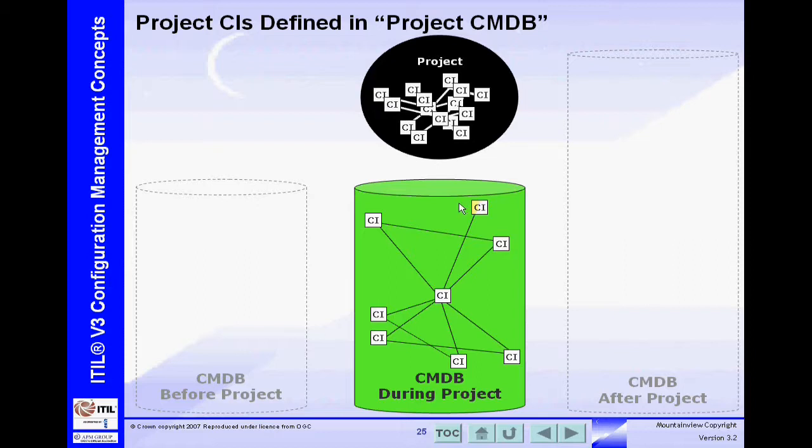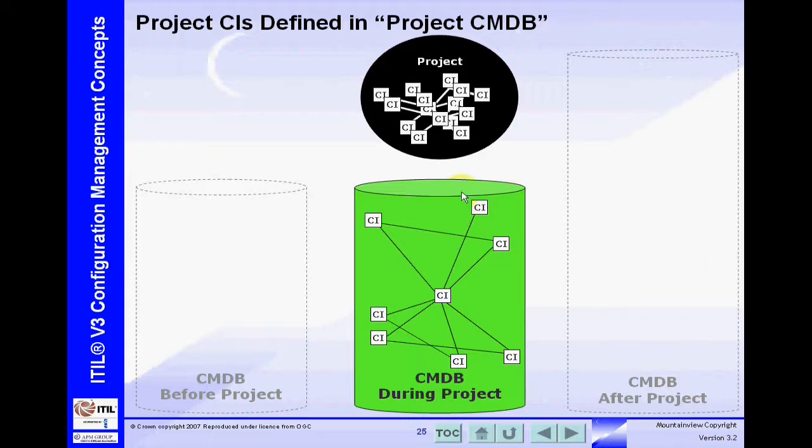Now, these administrators can come from various different functions. They could come from the IT organization, they can also come from the business, but typically, because configuration management is an IT concept, remember, when we talk about configuration management, we're talking about the ITIL definition of configuration management.